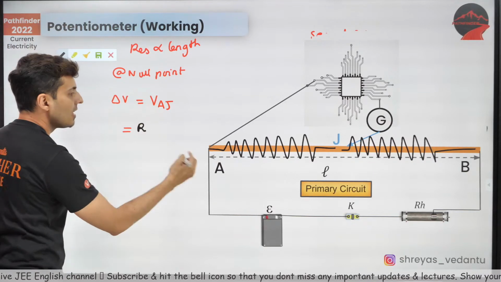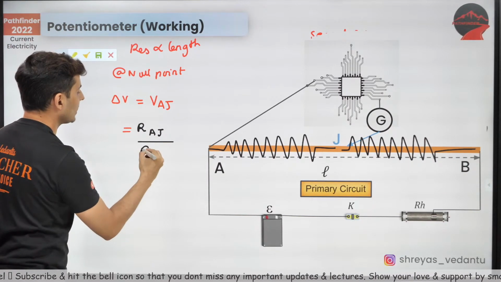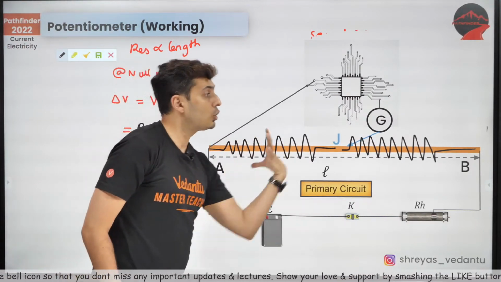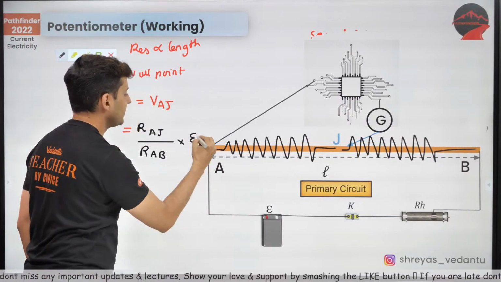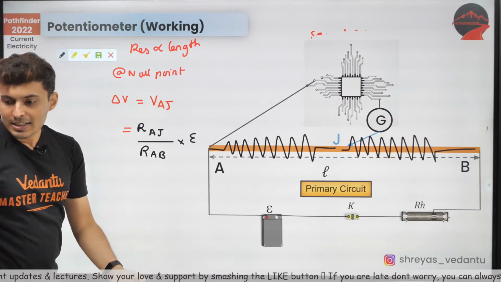Everybody knows this. It's the resistance of that particular resistor, which is AJ, upon the total resistance, which is AB, into the total voltage. What is the total voltage? Let's say it is E. Everybody getting it?